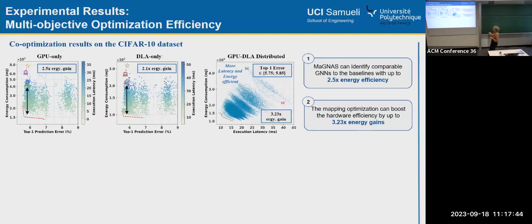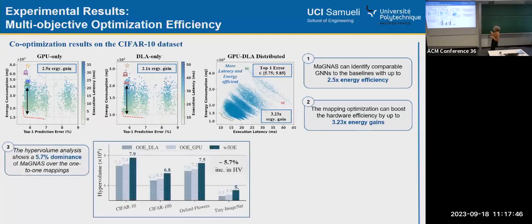Then, to emphasize more the efficiency of the optimization, we provide some results on the hypervolume. The hypervolume is a metric used to assess the space dominated by the Pareto front in the multi-objective context.